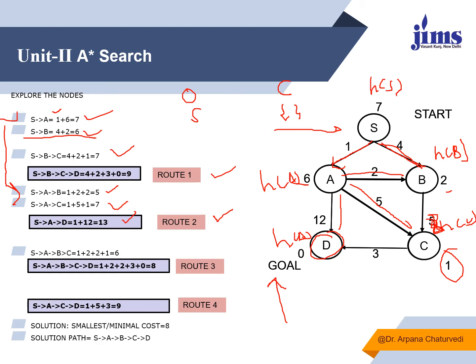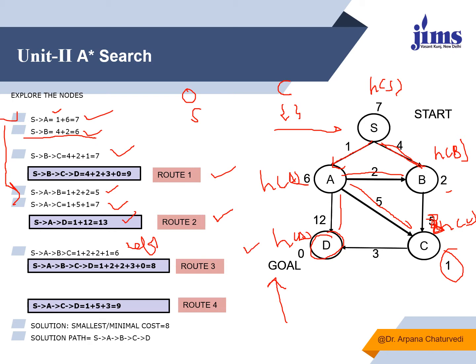Now this path is not leading to the goal, so we have to explore it further. This is the only one left. So we explore S to A to B to C to D. So it becomes 1 plus 2 plus 2 plus 3 plus heuristic value 0. So it becomes 8. This is route 3.